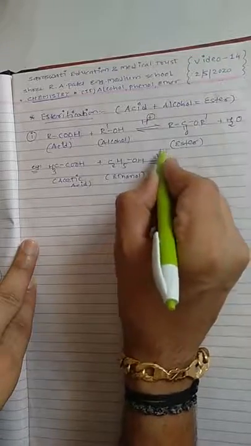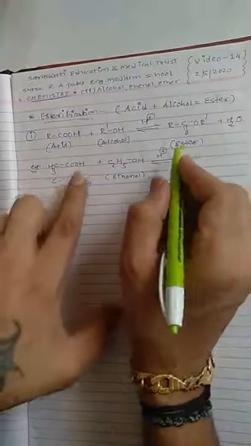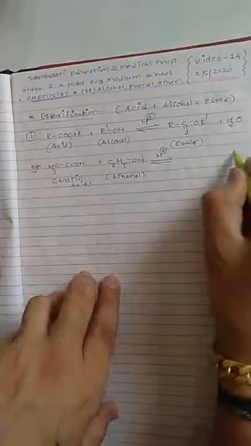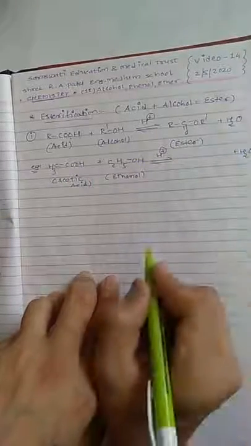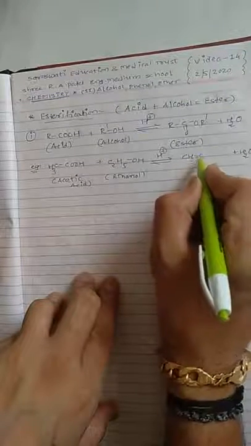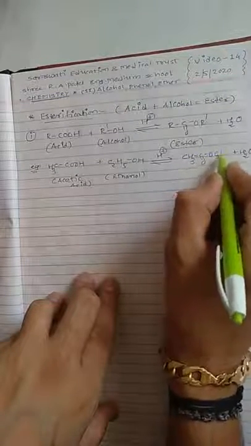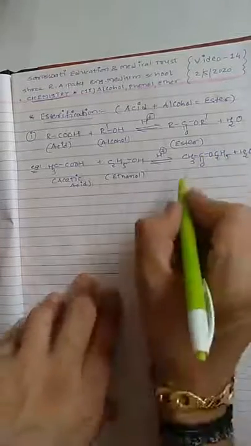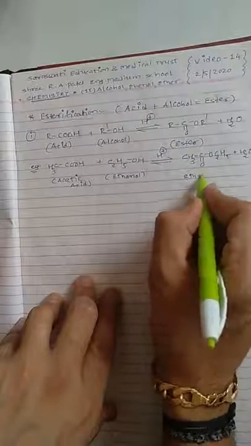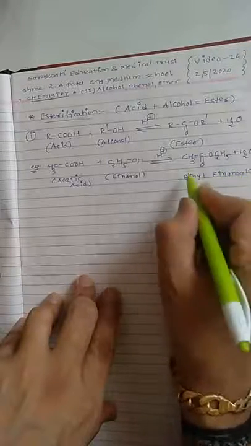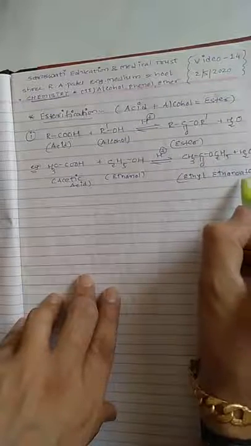In the presence of H plus ion, the acid always donates OH, and the alcohol donates H in the form of H2O. So we have CH3COOC2H5, ethyl ethanoate. The name of the compound is ethyl ethanoate. So for nomenclature of ester compounds, you have to follow the word ending in ATE.